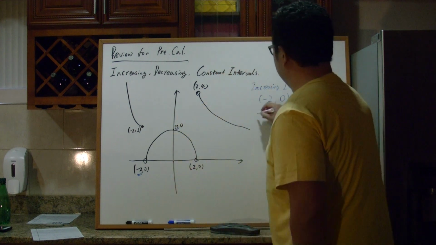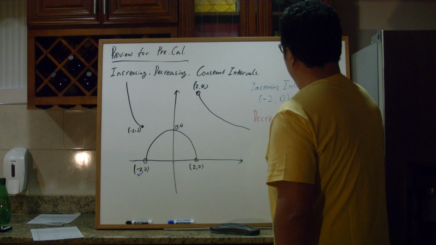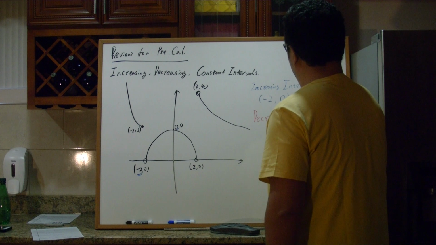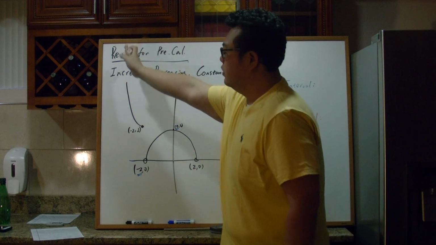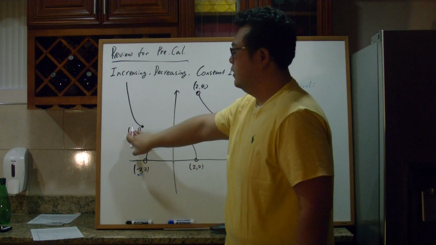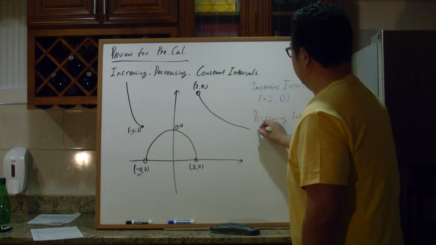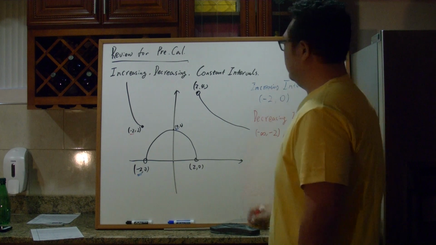And for the decreasing intervals, we have the first piece, from far left going down to the x value of -2, so -infinity to -2.